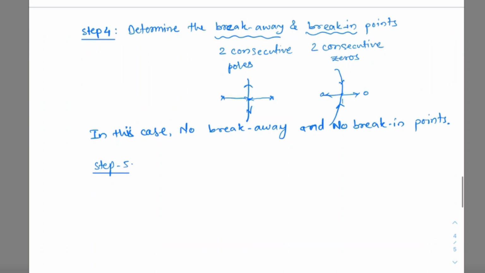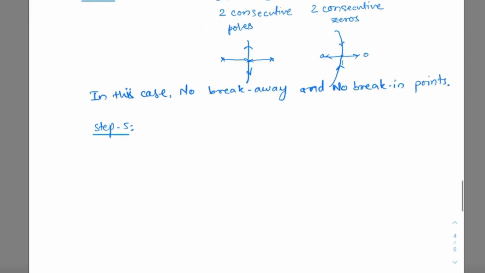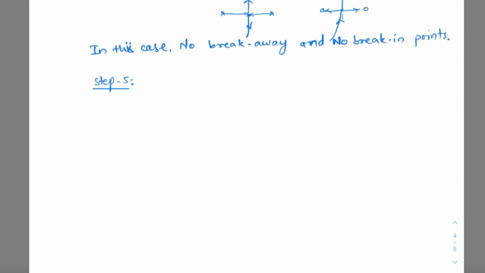All right. So now returning back to step 5, we have to locate the angle of departure or arrival from an open loop complex pole or from an open loop complex zero. So let us see.